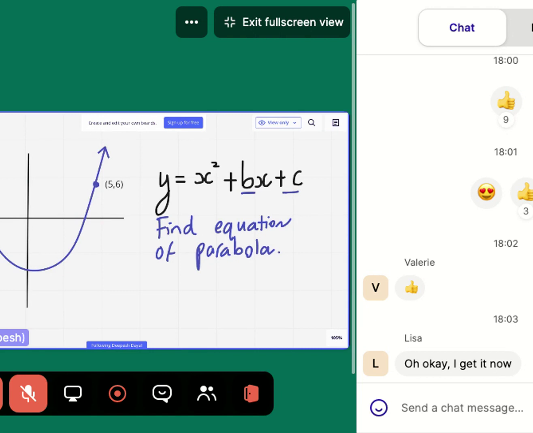Make sure that you're trying it out, writing it all out in steps.